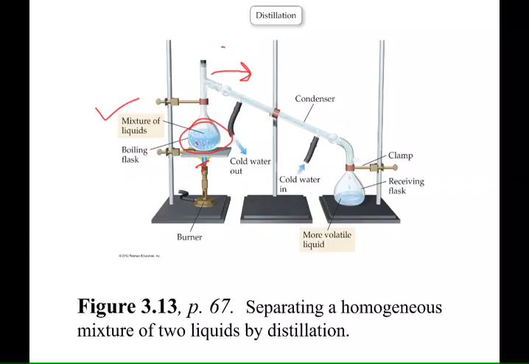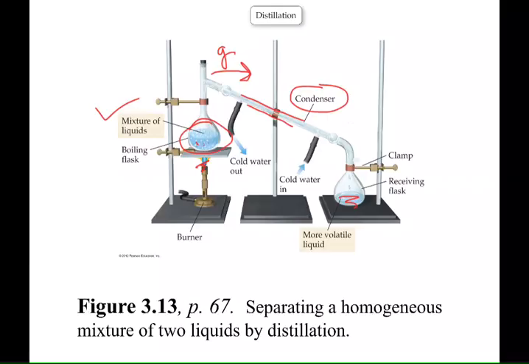And in order to get that gas back into the liquid, this thing right here is called a condenser. It's a glass tube that is hollow, a glass jacket.